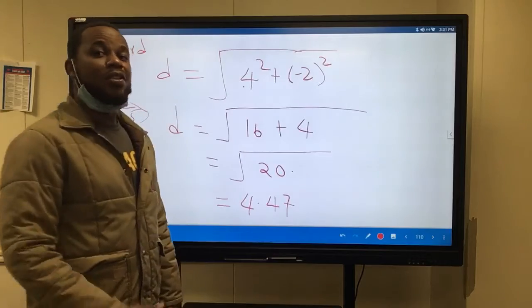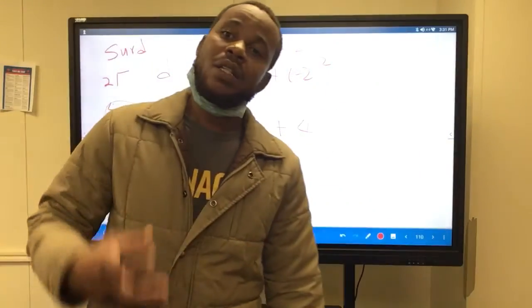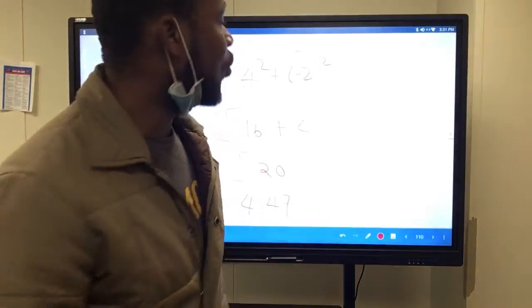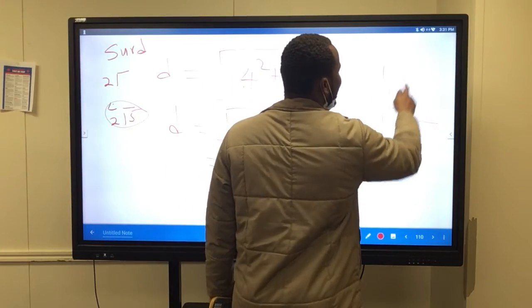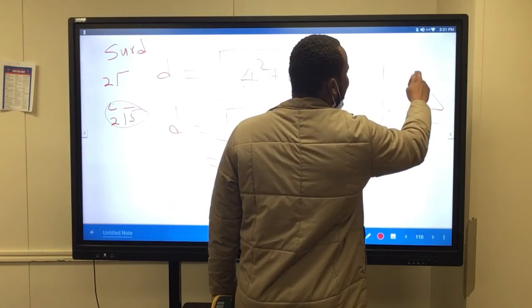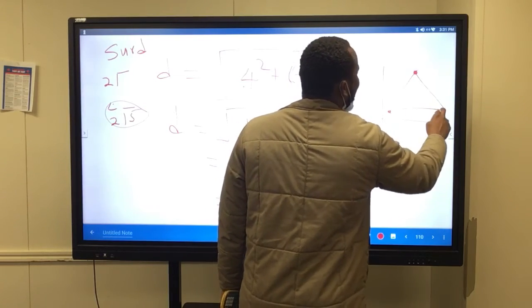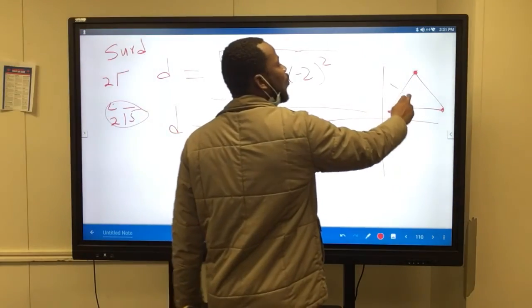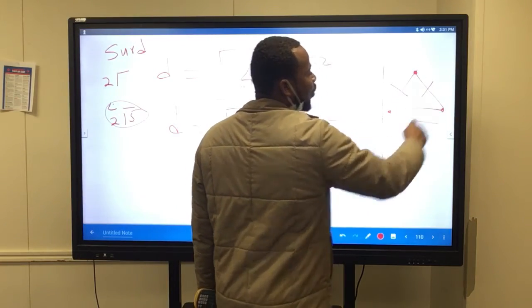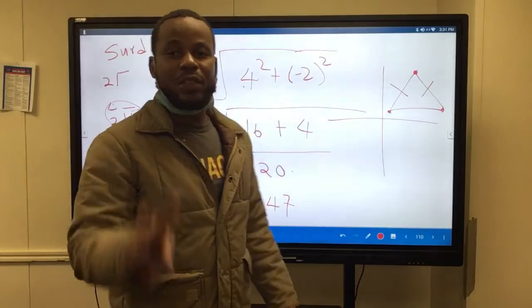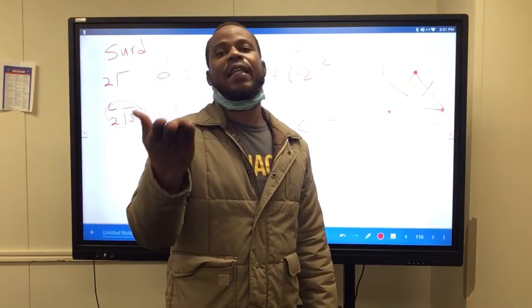Now we are going to use this concept. If I have a Cartesian plane like this and I have a triangle, each of these is a point, and I want to determine if this side is equal to that side. I find the distance of this side, find the distance of this side, and then I'll be able to tell that since the 2 sides are equal, it's an isosceles triangle.